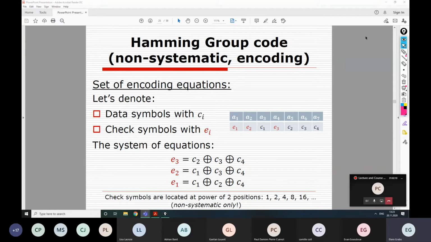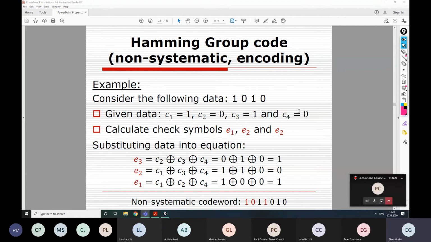Okay, and let's see an example. And then we will make a little break. So, consider the following data. We already know that we need k equal to 4 data symbols because we have calculated that our r is 3 and k is actually m minus r. So that would be 4.